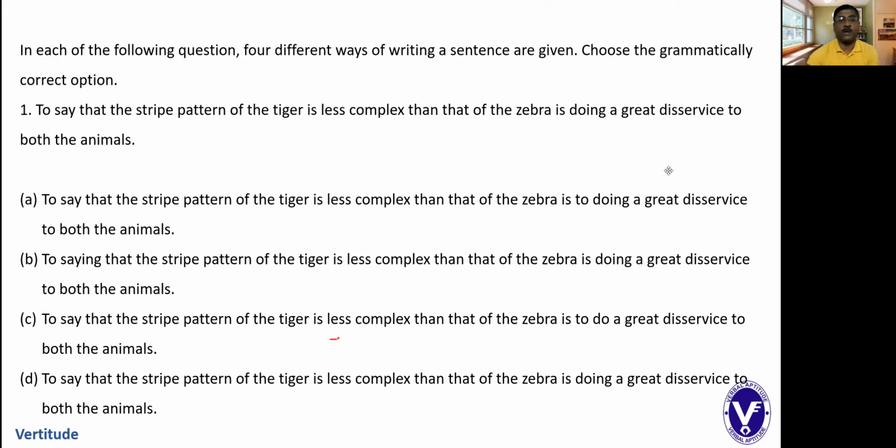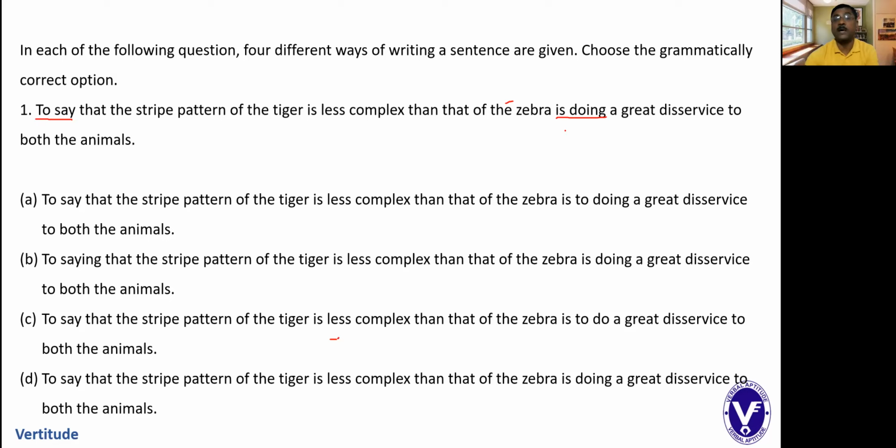To say that the stripe pattern of the tiger is less complex than that of the zebra is doing a great disservice to both the animals. Right? If you look at this sentence, say is a verb, doing is a verb, but to say is in the to infinitive form, and this is in the present continuous form.